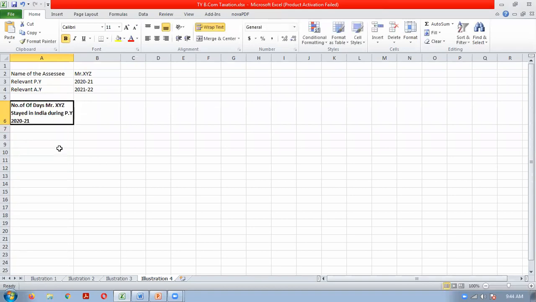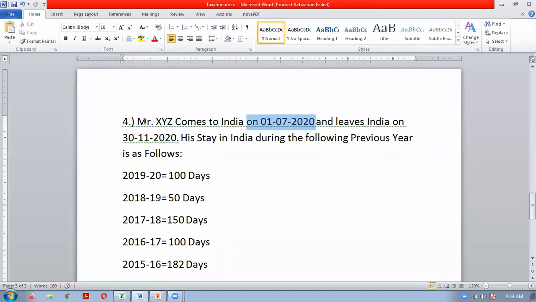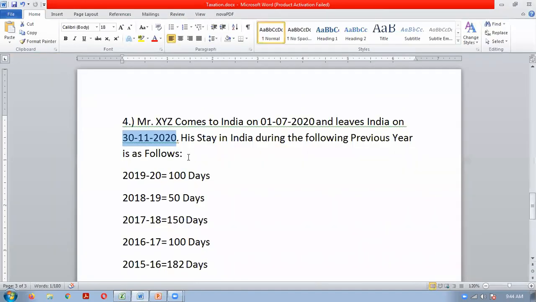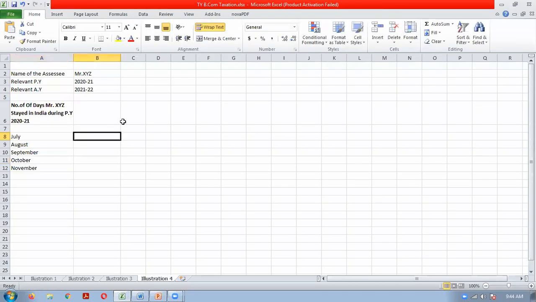Everybody can calculate that. He came to India on 1st July and went back on 30 November. So for how many days was he in India? July, August, September, October, and November also he was in India. When he comes on 1st July, it means full July, 31 days. August, 31 days. September, 30 days.